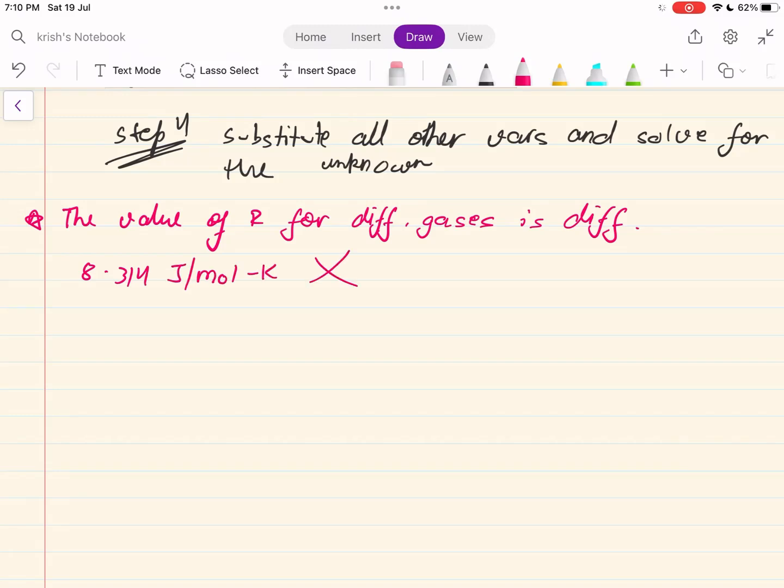We cannot use this anymore. We have a specific table for different gases that tell us their values of R, the value of density of that gas, and various other properties. So whenever we use the equation PV equals mRT, we have to use this value of R from the table. Do not use 8.314.